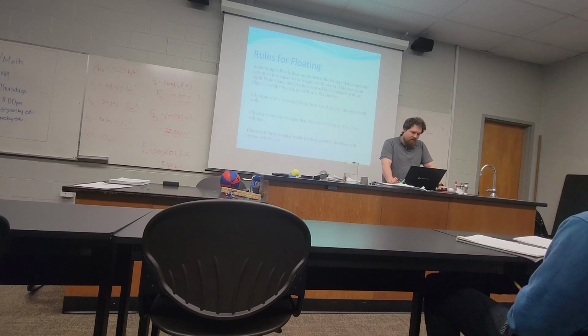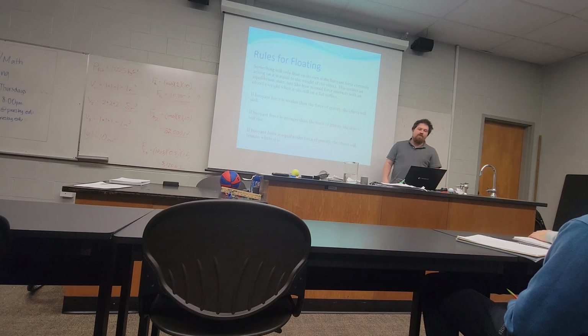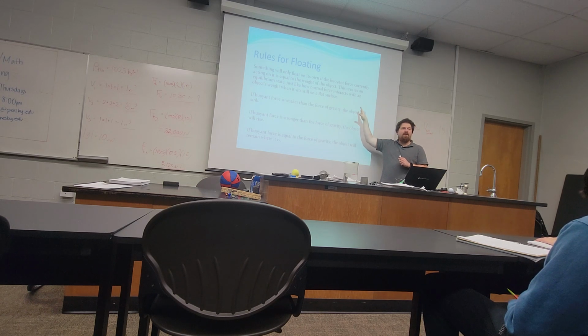All right. Before we break, let's talk about the rules for floating. In order for something to be floating, the current amount of buoyant force upward has to cancel out with the weight of the item.